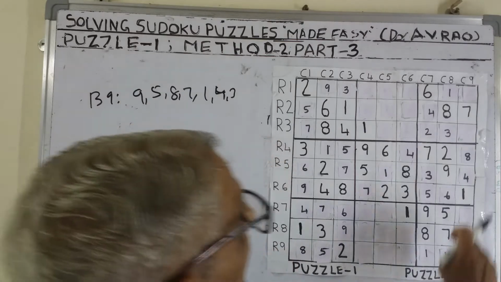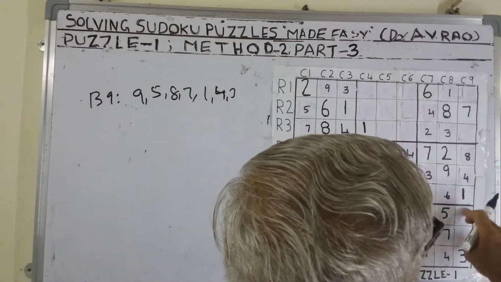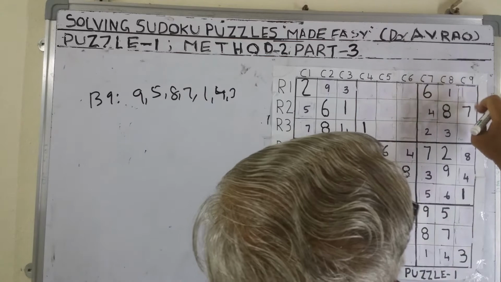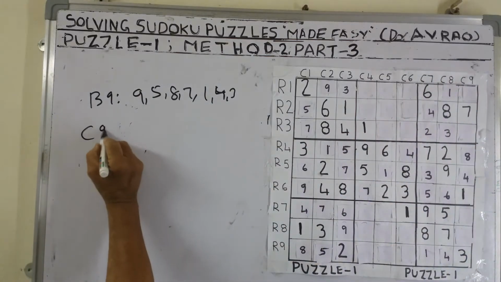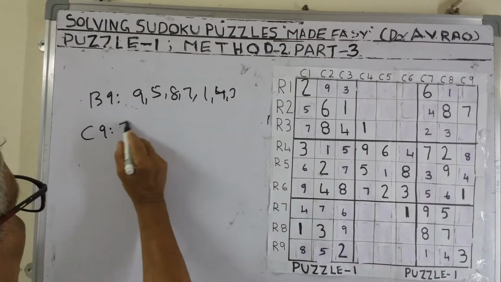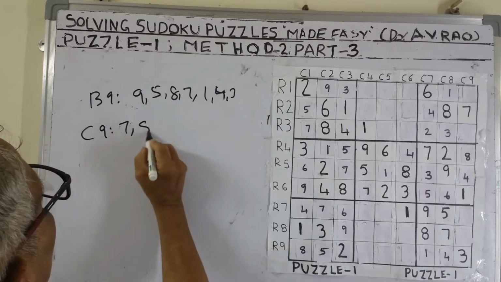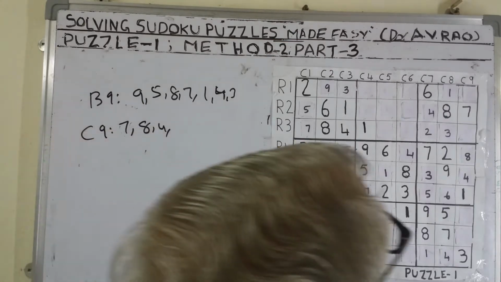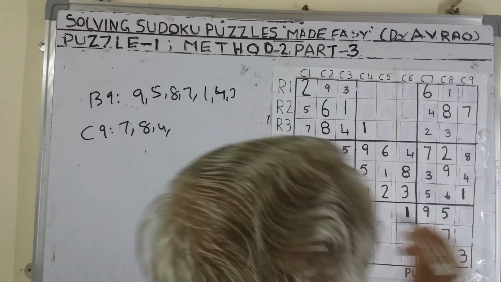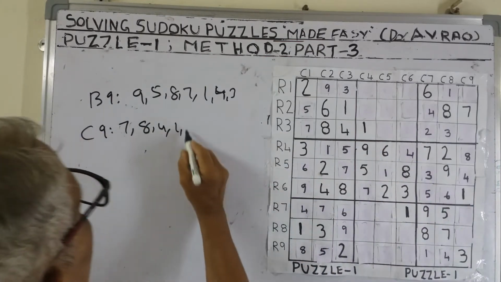In box 9, we have to fill up these two cells. So C9 is 7, 8, 4, 1 and 3.